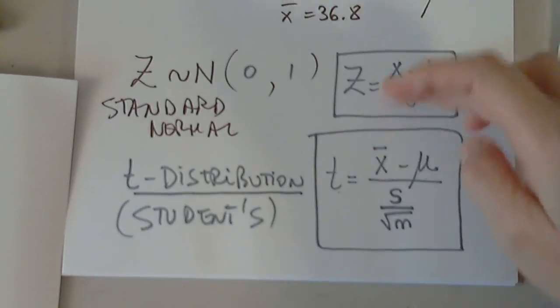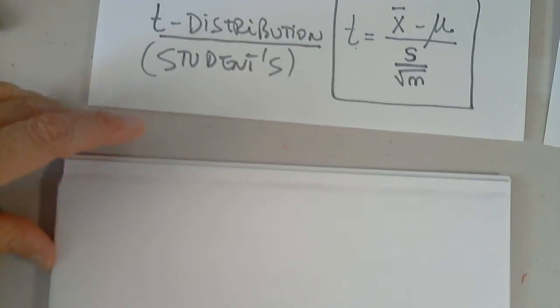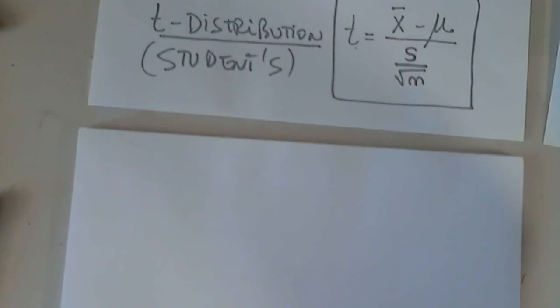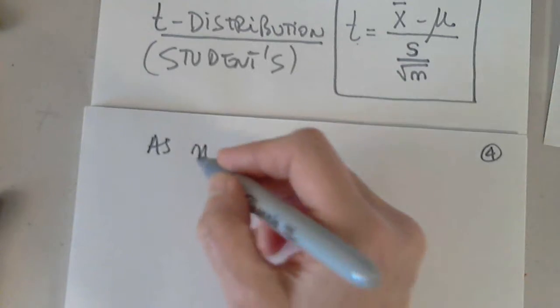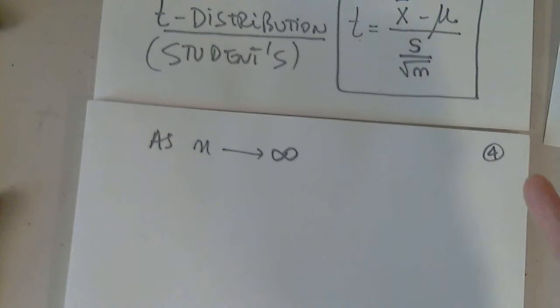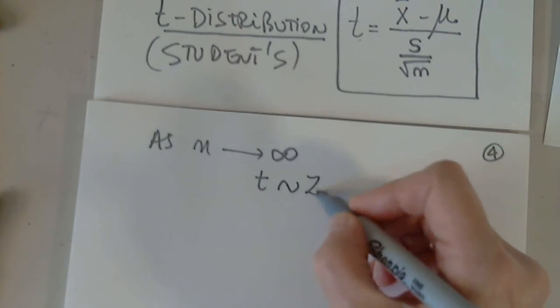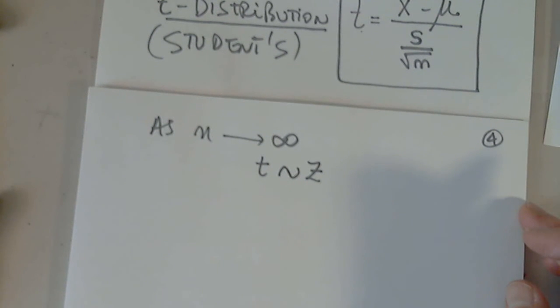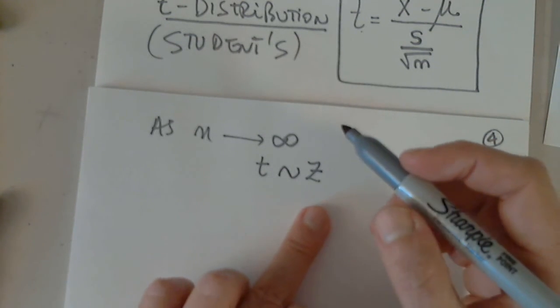What's the difference between these two? One thing I should say immediately is that as n, the sample size, increases, at least 30 or more, then T is approximately Z. Now, T also has a characteristic that Z does not.